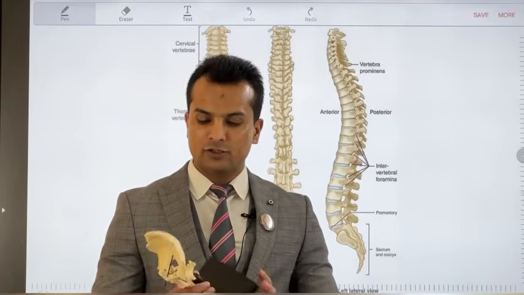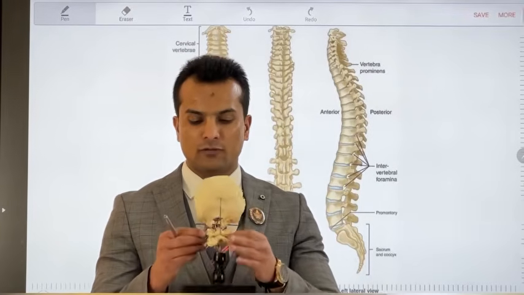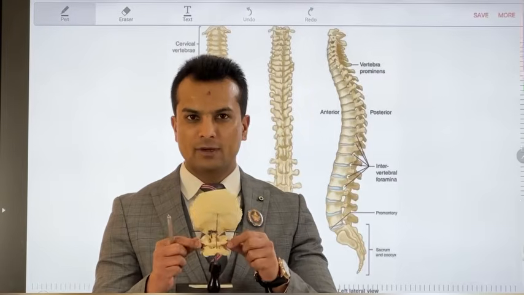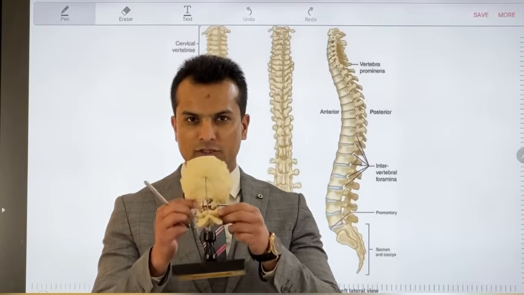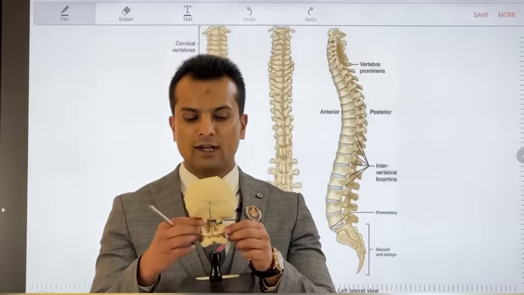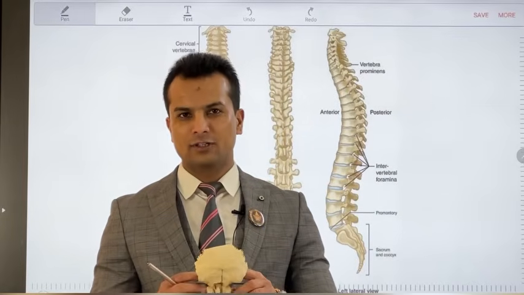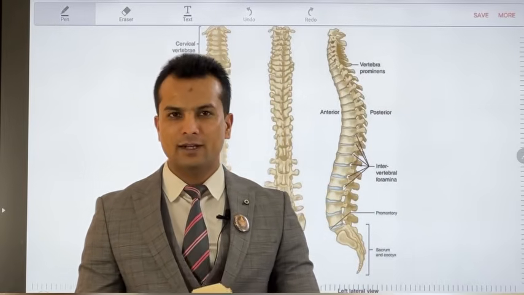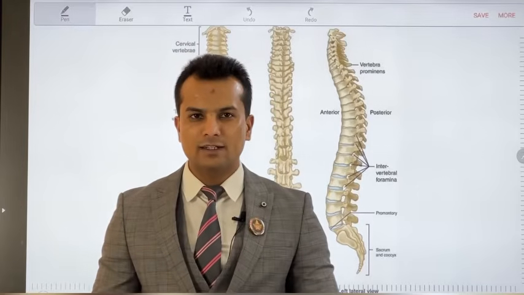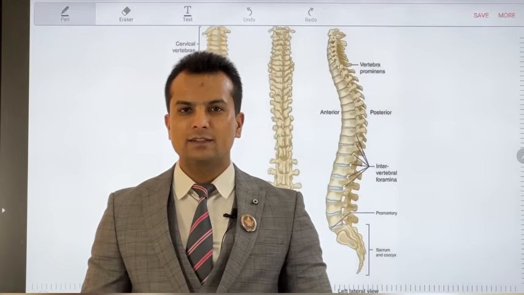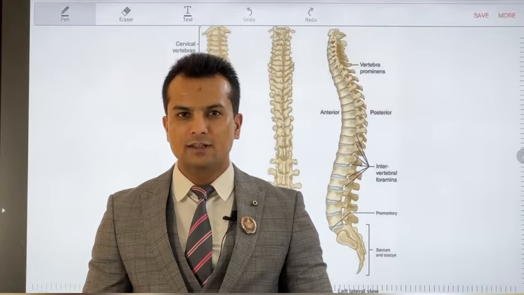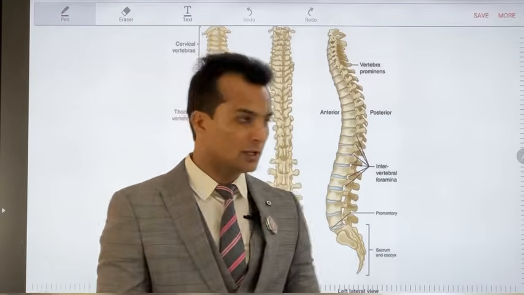It means a joint between your first cervical vertebra and the occipital bone. Here you can see this is your occipital bone. This joint is basically an example of a biaxial condylar synovial joint.